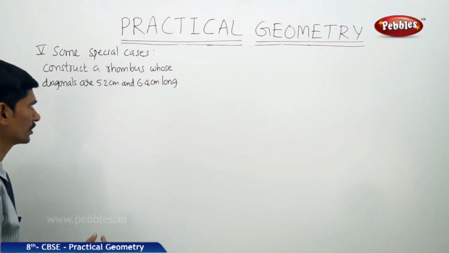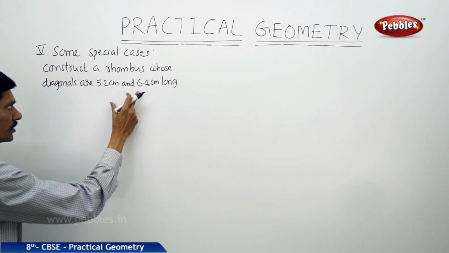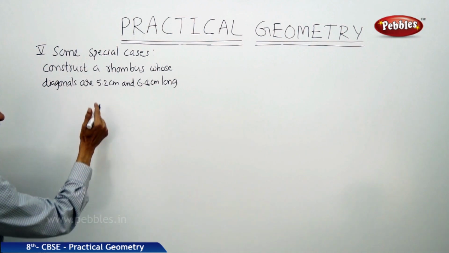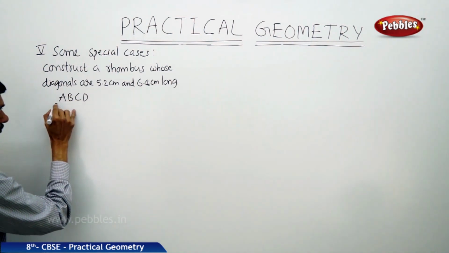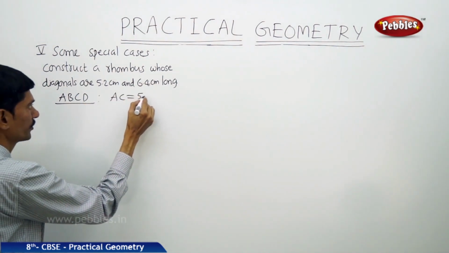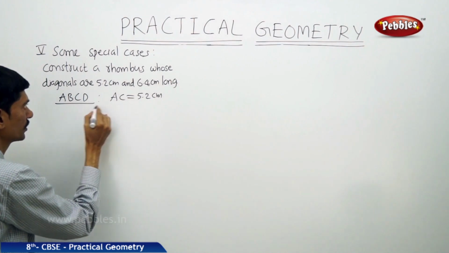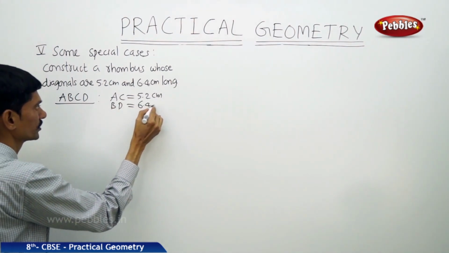First we will draw the first diagonal, then we will draw the second diagonal which is perpendicular to the first one. So if the rhombus is ABCD, then the diagonal AC equals 5.2 centimeters and the diagonal BD equals 6.4 centimeters.